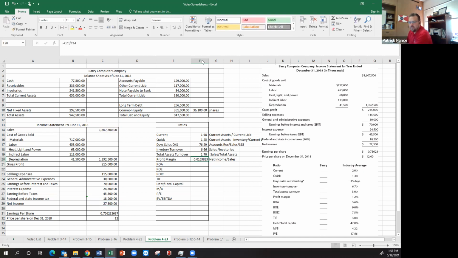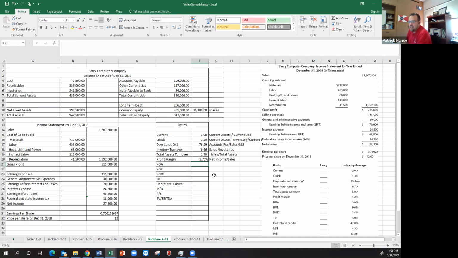What profit margin shows us is that for every dollar that we sell, 1.7% of that dollar goes towards my bottom line, which is a pretty low number, honestly. It's a pretty low profit margin. Well, what's interesting is this margin is still higher than the industry average, which is 1.2%.